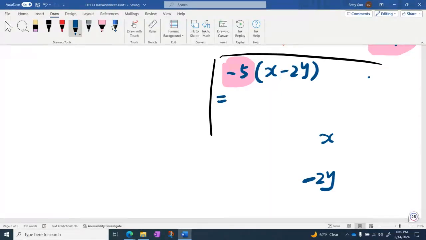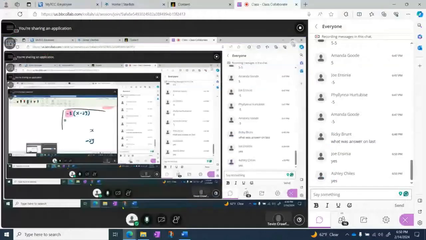In the parentheses, we have two terms. The first term is x. The second term is negative 2y. Do you see that? Do not worry about the minus in x minus 2y. It's all about addition. The negative sign is with the second term.